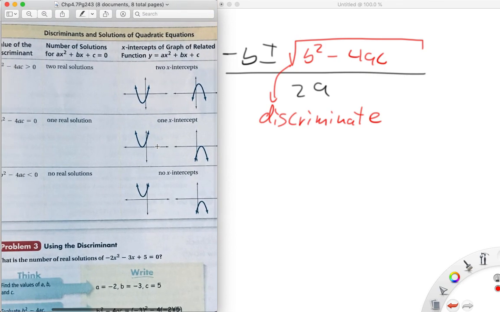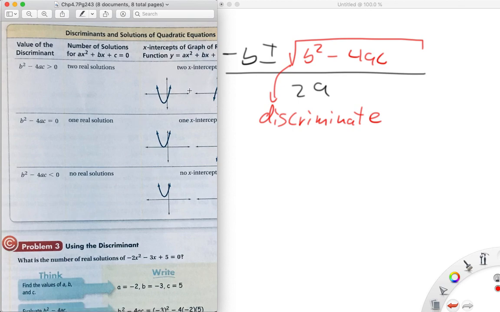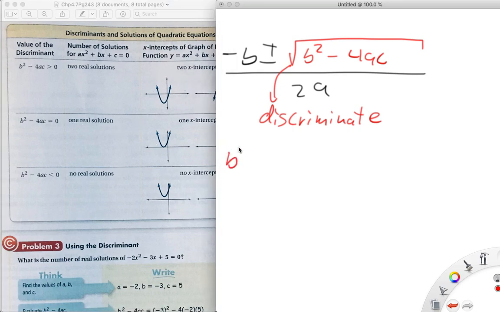And how do I know? If b squared minus 4ac is greater than 0, then I have 2 solutions.